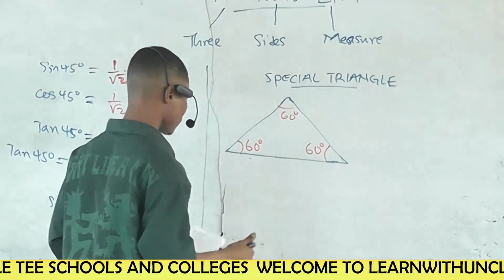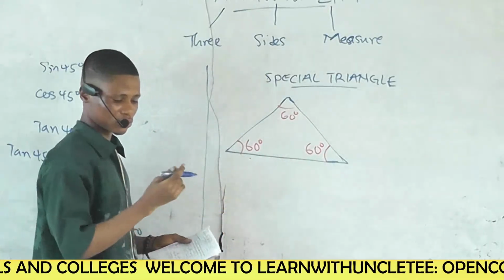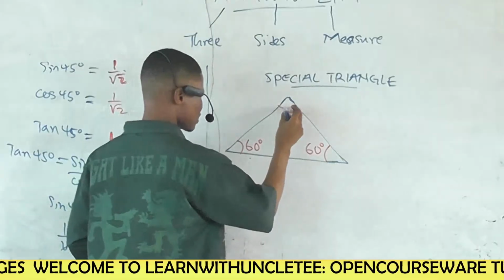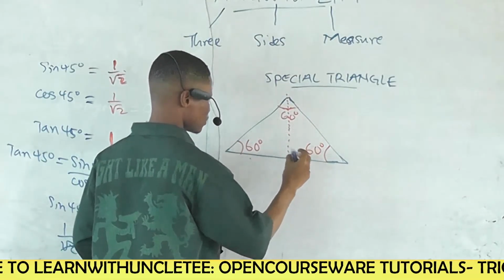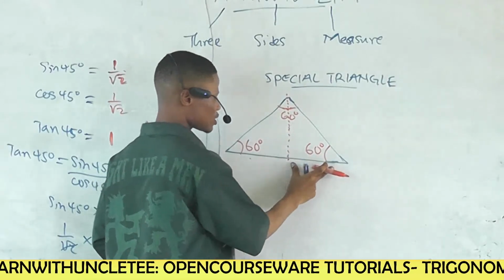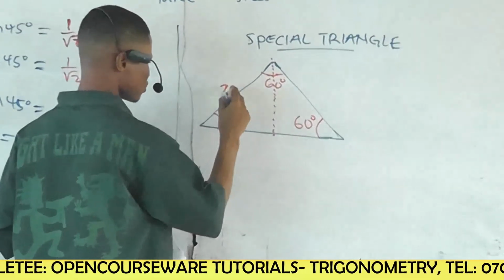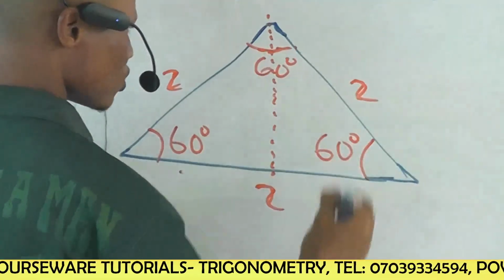Now, from here, you can bisect the angle. Bisect means to divide into half. So, if you are to consider this part, this one is 2, this one is 2, and this side is also 2.